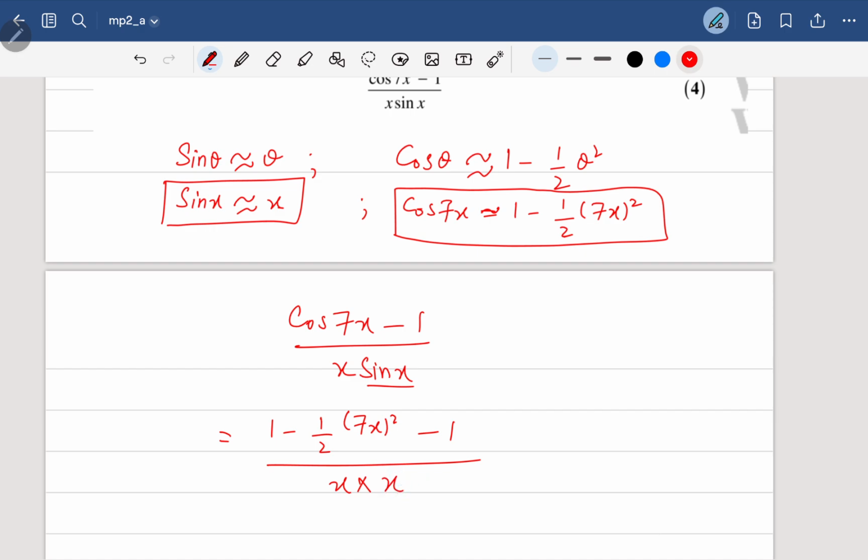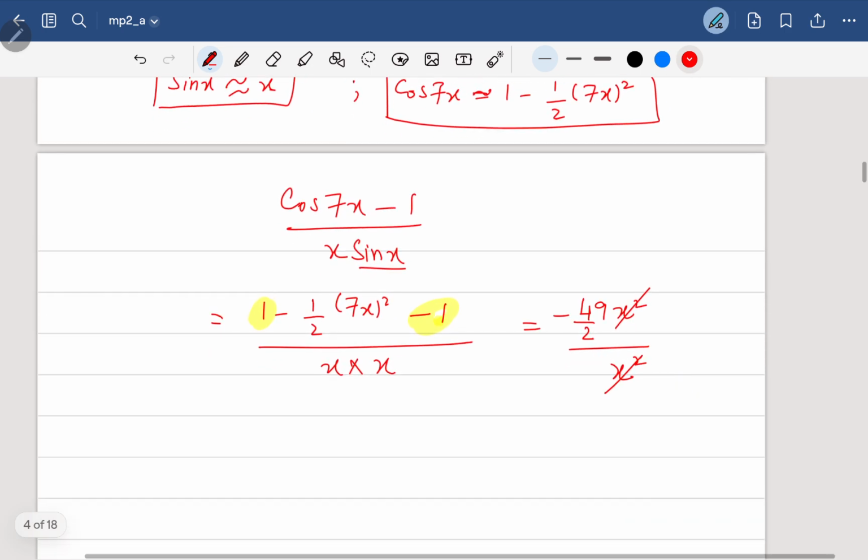The 1 and the minus 1 give 0, and we're left with minus half times 7 squared, which is 49, x squared, over x squared. So x squared and x squared cancel out from top and bottom, and the answer will be minus 49 over 2.